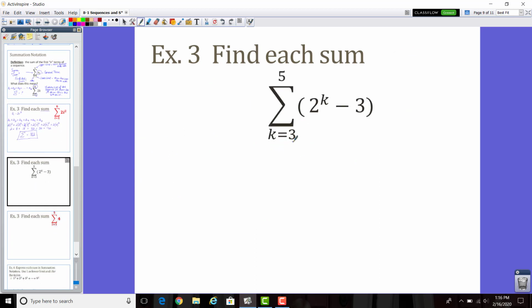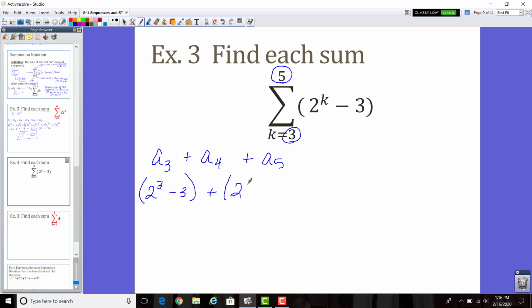Here's another example. Here, my lower limit is 3, my upper limit is 5, so I want terms 3 plus 4 plus 5. So my general expression is 2 to the k power minus 3. So I'm going to find 2 to the third power minus 3. Add that to 2 to the fourth power minus 3.